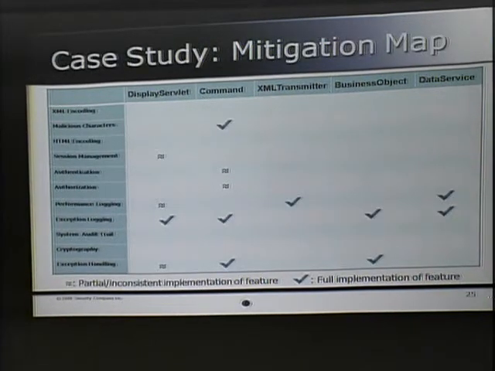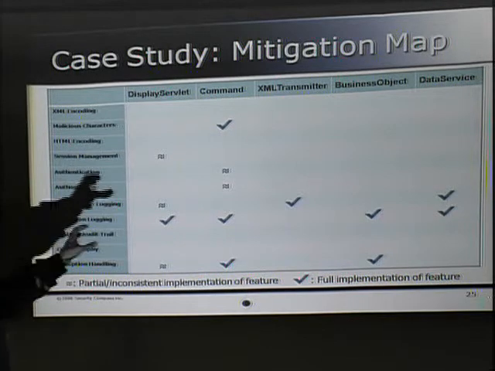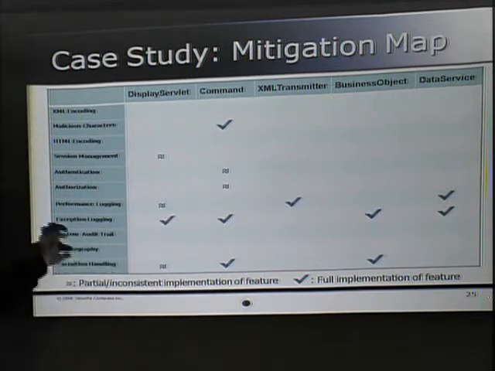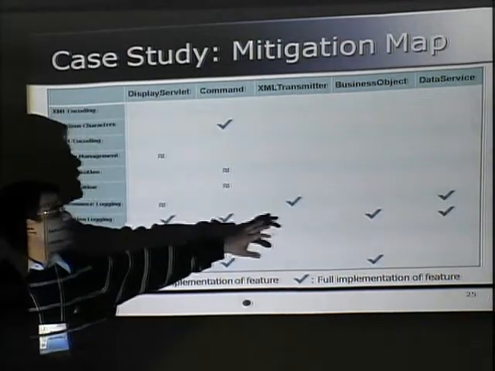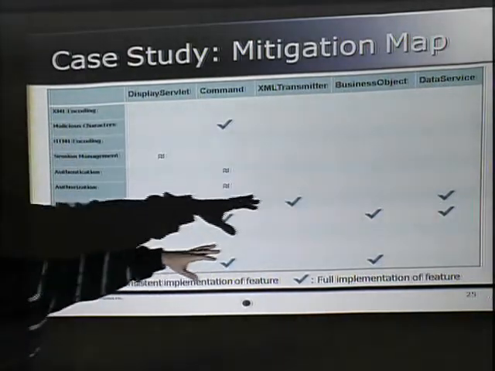So for something like our Fault Secure Bank, we would see where things like performance logging are taking place, or where authorization is taking place, or exception handling is taking place. Again, from an architecture point of view, and we'll try to map it out at the individual object level, and we'll say, okay, we are seeing exception handling taking place in this servlet, in this command, in XML transmitter, and data service itself.